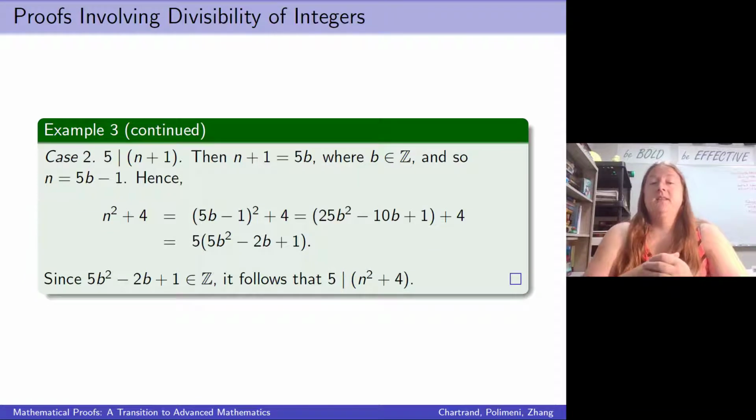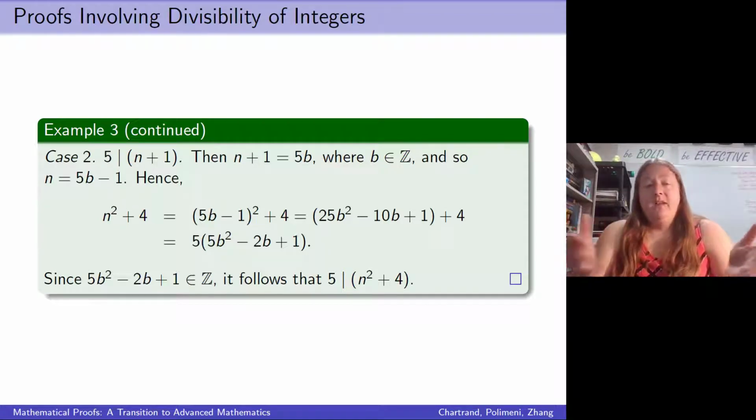Now in the second case, I'm looking at if 5 divides n plus 1, and I want to show the same thing, regardless of whether 5 divides n minus 1 or not. So I'm looking only at this. So I have n plus 1 equals 5b by the definition of dividing. And now I have this equation that I can manipulate.